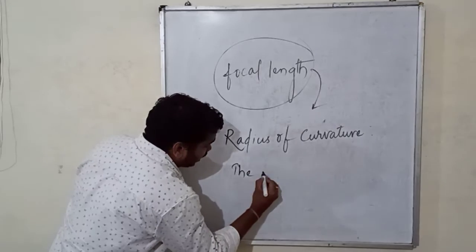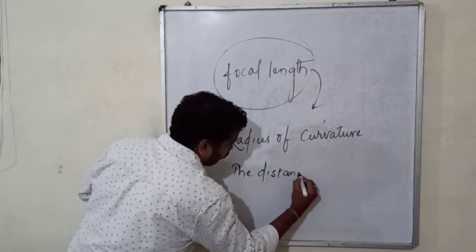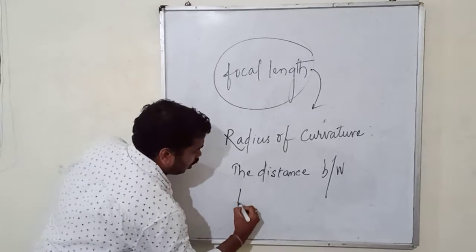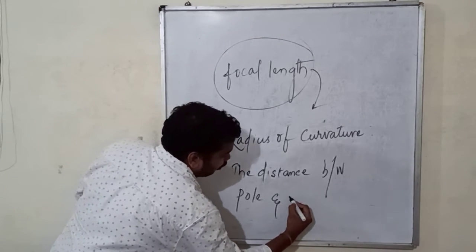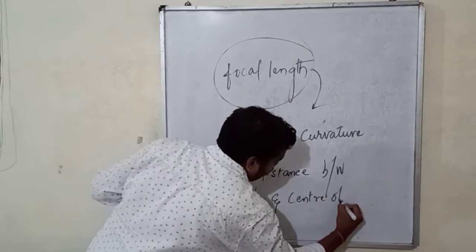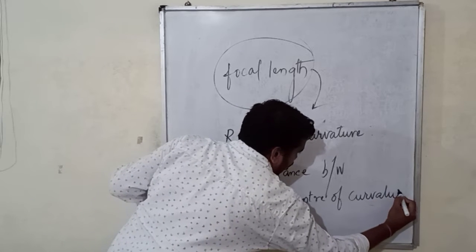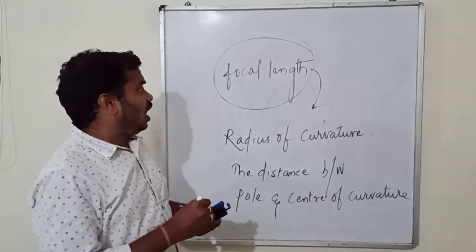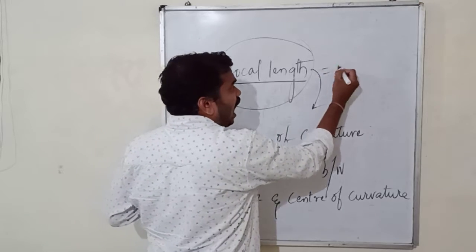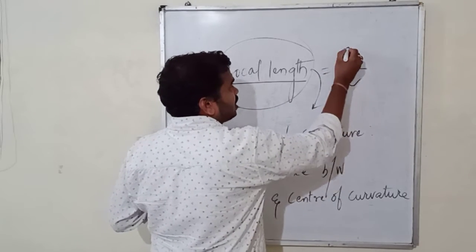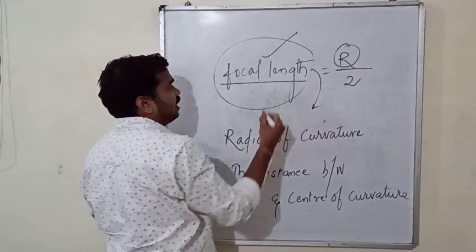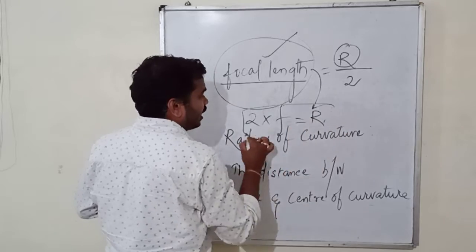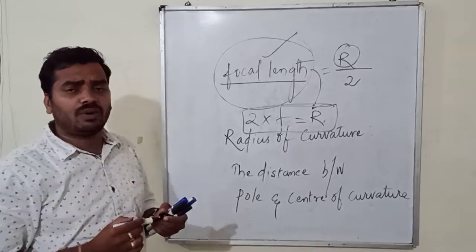The distance between pole and center of curvature is nothing but radius of curvature. Focal length would be half of radius of curvature, meaning R by 2 will give you focal length. That means 2 into focal length would be equal to radius of curvature.